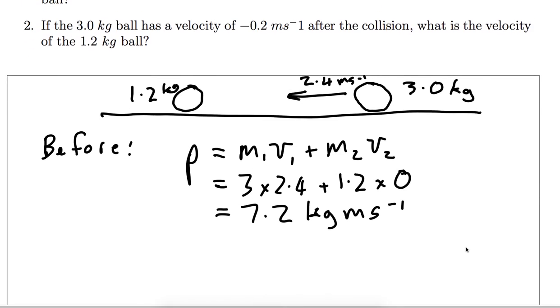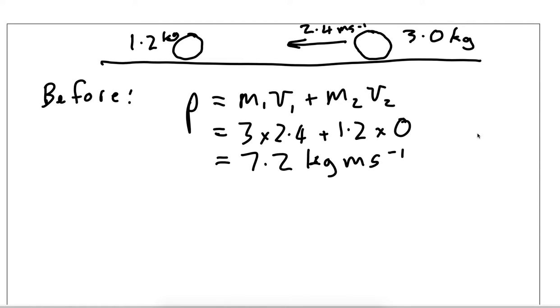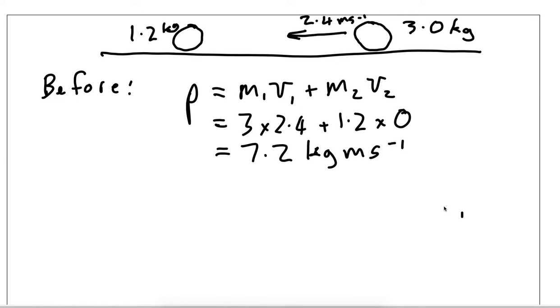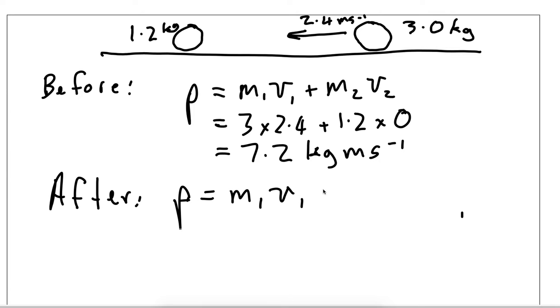Okay, so that's it before the collision. Now we know that after the collision the overall momentum is going to be the same. So we'll set up the situation after. P equals still m1v1 plus m2v2. We could label them B for before and A for after, but it gets fairly complicated fairly quickly, so it's maybe better to just keep our wits about us.